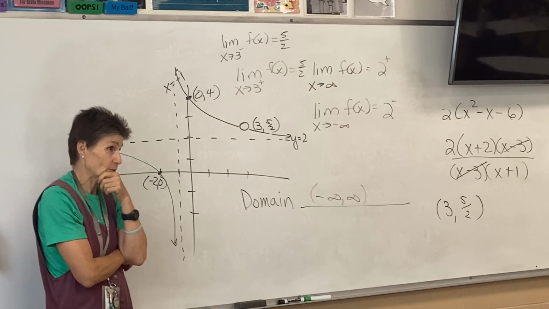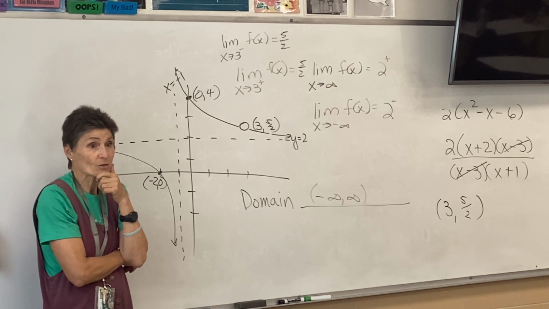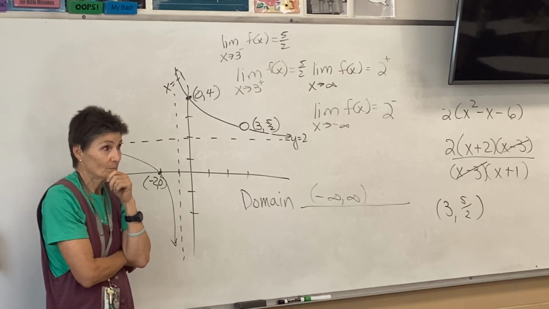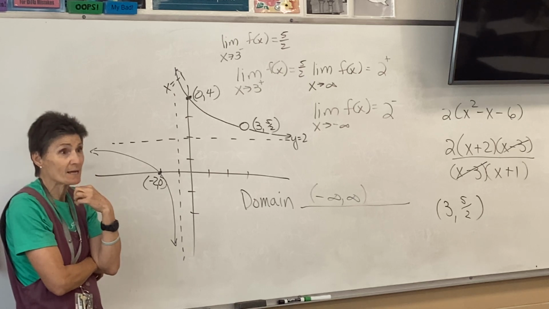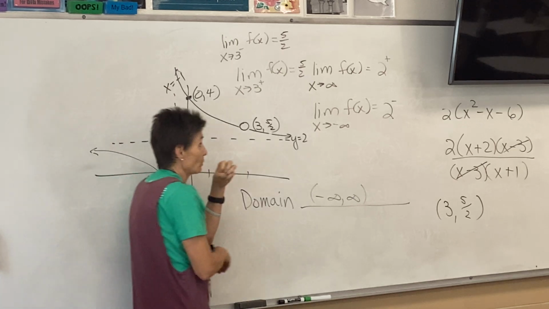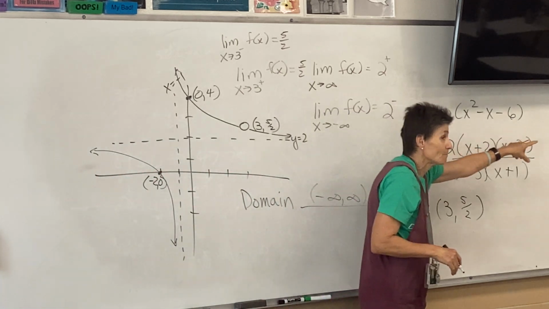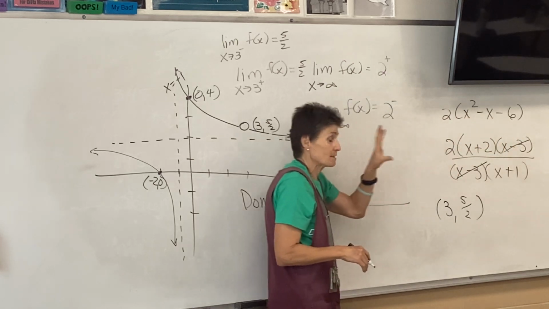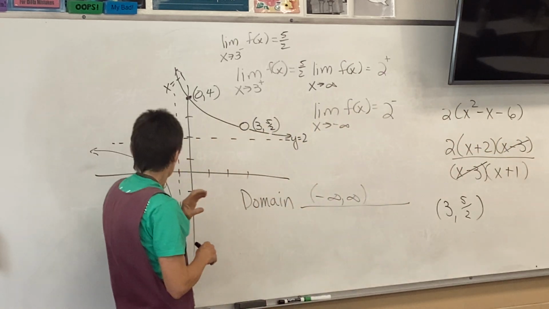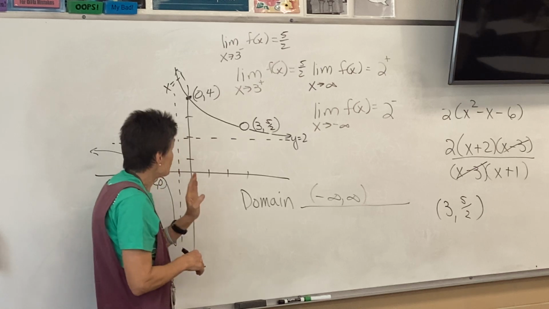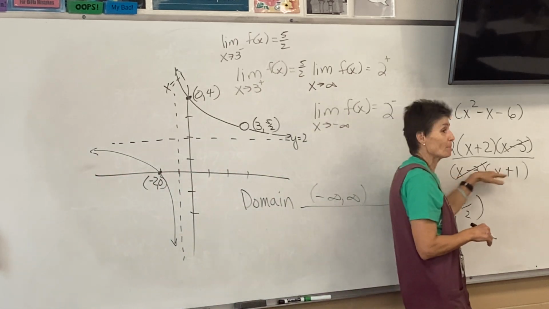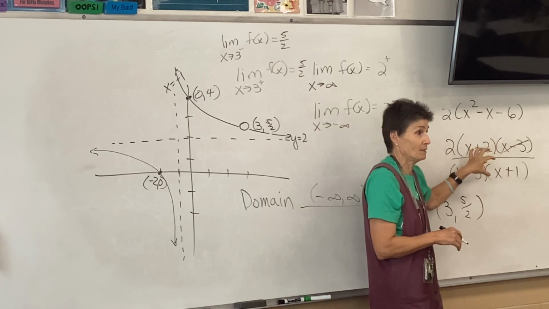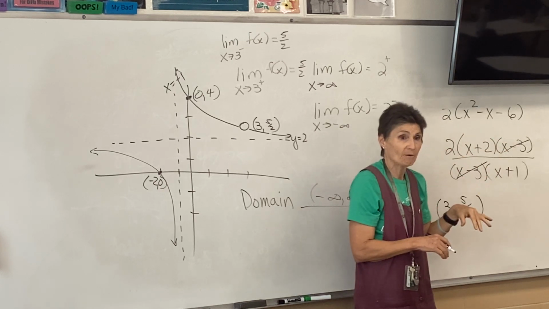There's a vertical asymptote. There's more than that. There's also a hole. And both of those are excluded from the domain. If you look at your original problem, you can't put in -1 and you can't put in 3 because either of those numbers in the original problem would cause it to be undefined.